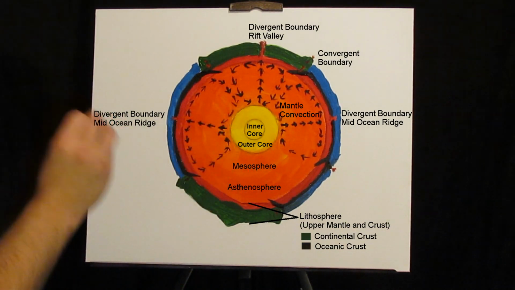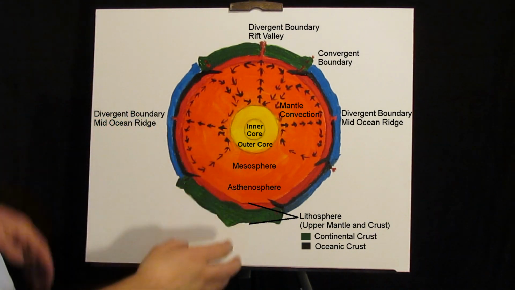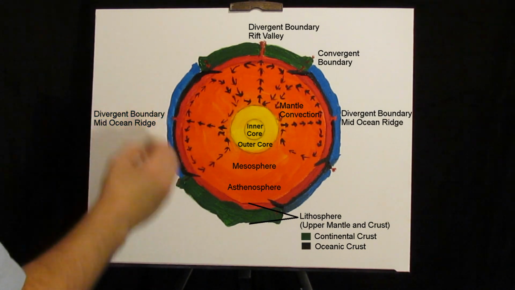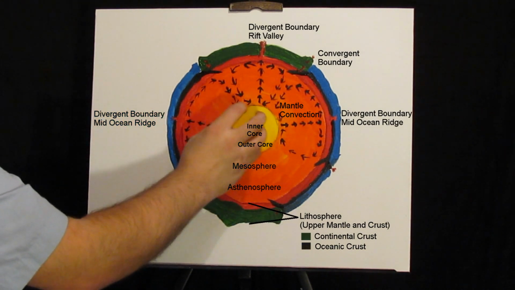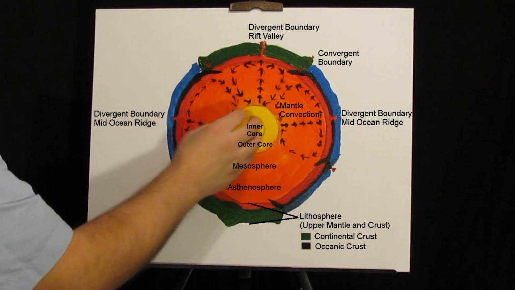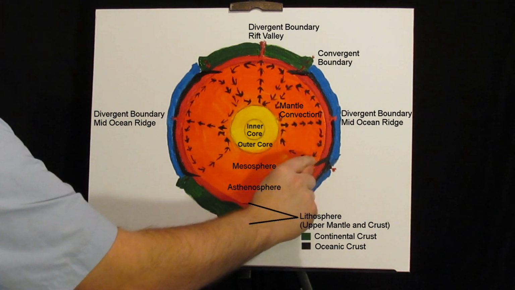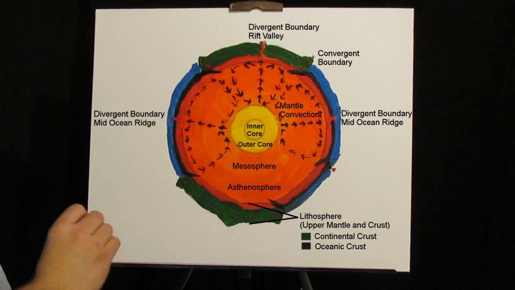And that inner core is so solid because there's so much pressure pushing down on it. But the outer core is liquid still because it's really, really hot. Okay, the inner and outer core are really, really hot. And it's that heat which causes the mantle to rise and fall in these convection currents.